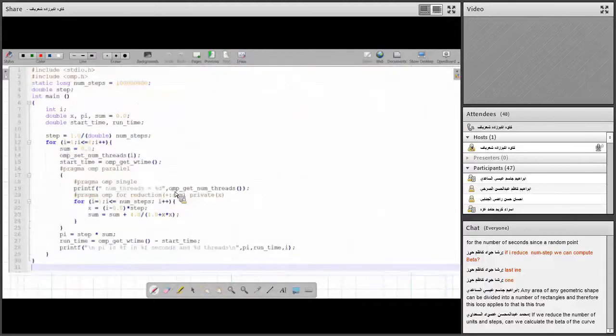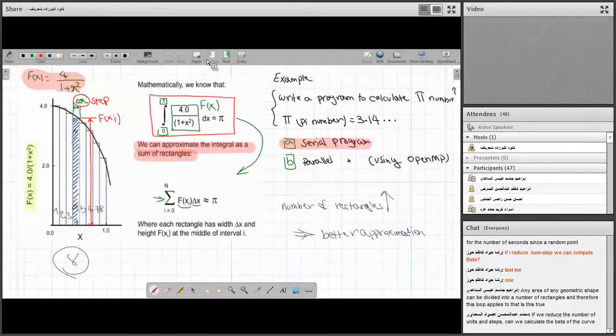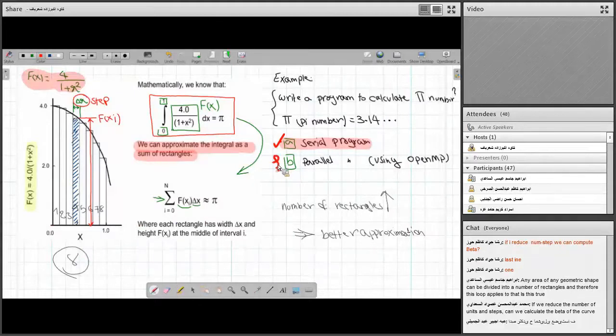Okay, now we want to move on to OpenMP. The previous program was serial. The first program was a serial implementation. Now we have done this part. What about this section?